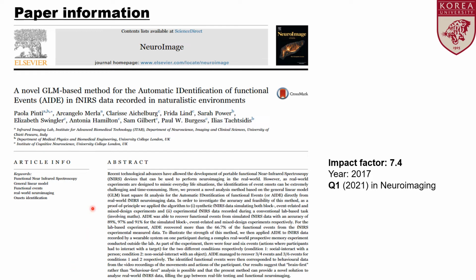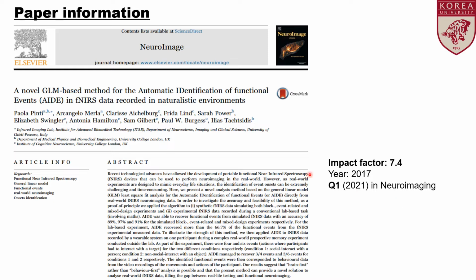Here we can see a brief introduction of this article. This article was published in 2017 in Neuroimage journal, whose impact factor is 7.4, and this journal is a Q1 journal in Neuroimaging category.